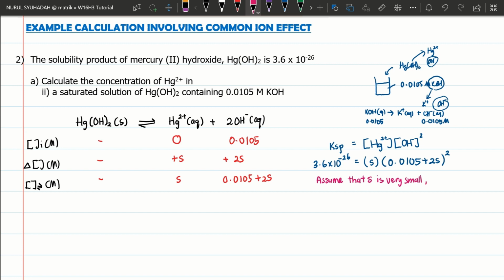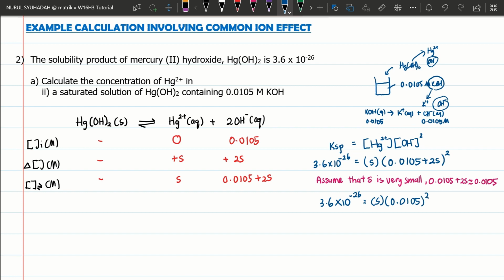Okay, so 0.0105 plus 2S, kita boleh kata nilai dia adalah sama dengan 0.0105, is equal to the initial concentration of OH minus. Once we make that assumption, baru kita sambung kita punya calculation. So 3.6 times 10 to the power of negative 26 equals to S times 0.0105 squared.